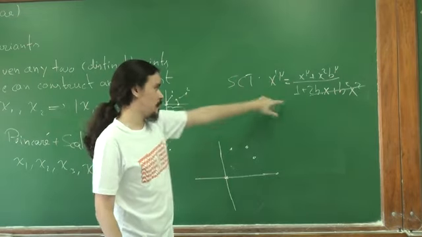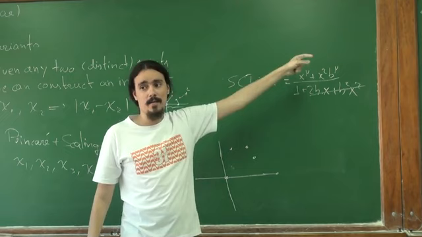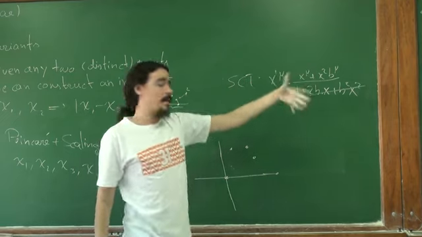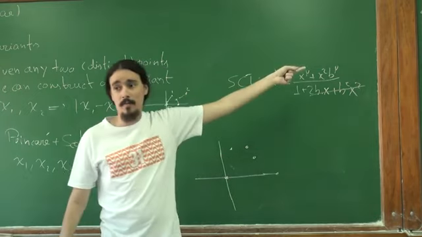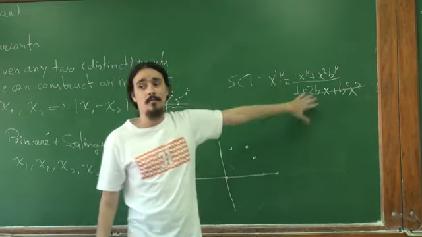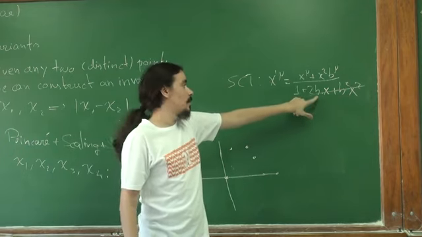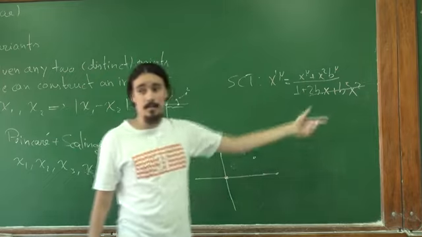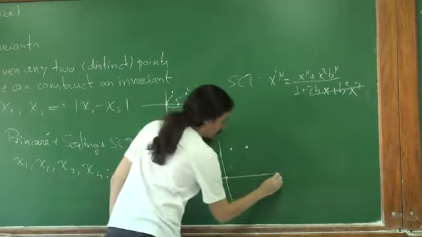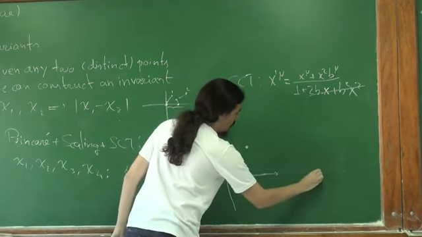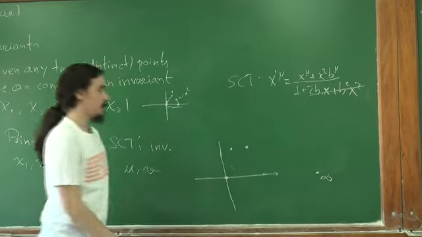So you see that the origin is indeed preserved by the SCT. But I can just choose any of these 3 points and choose a b such that this point will be mapped to infinity, because I will just eliminate this denominator. Okay, so I got rid of this point, and it came all the way to infinity. So I already fixed 2 points.